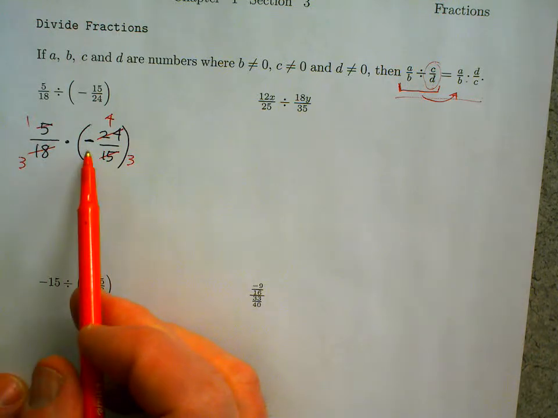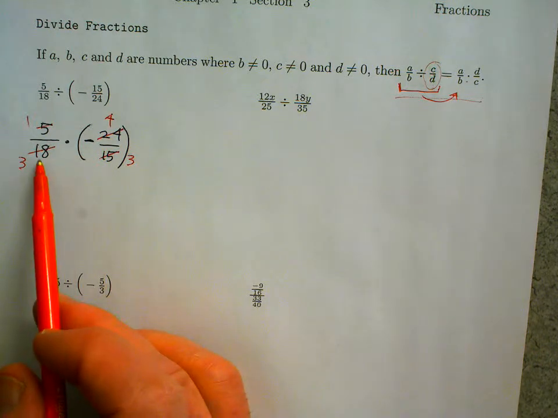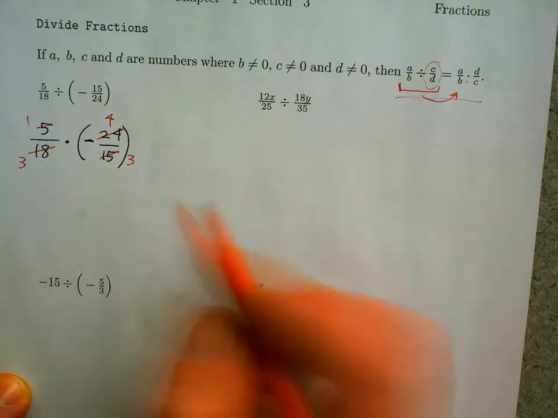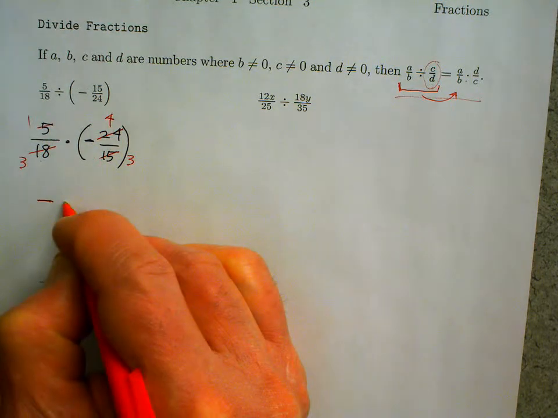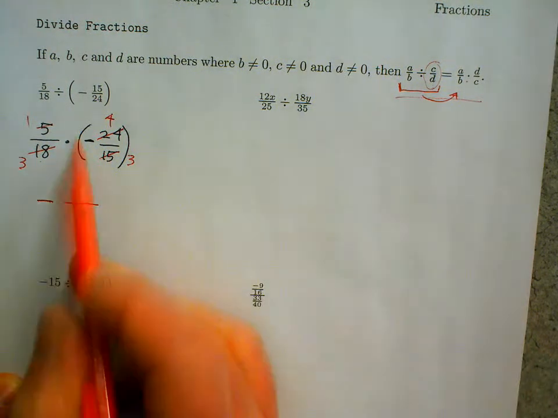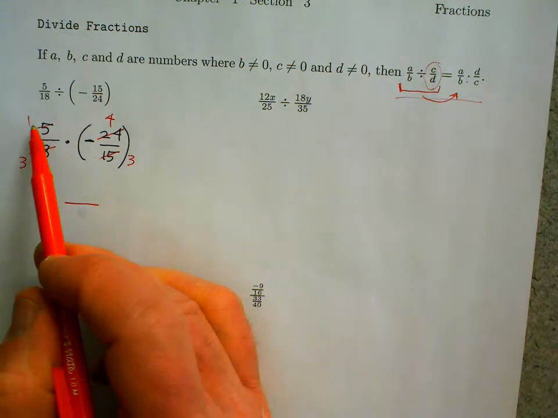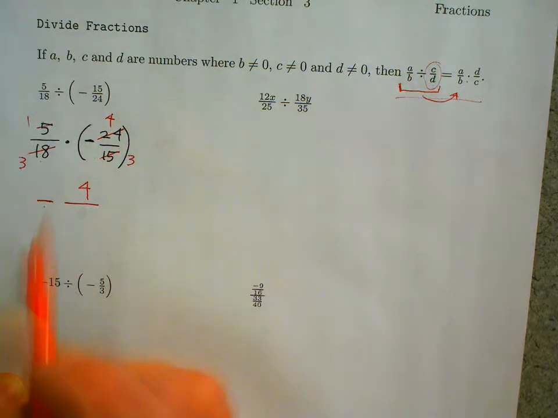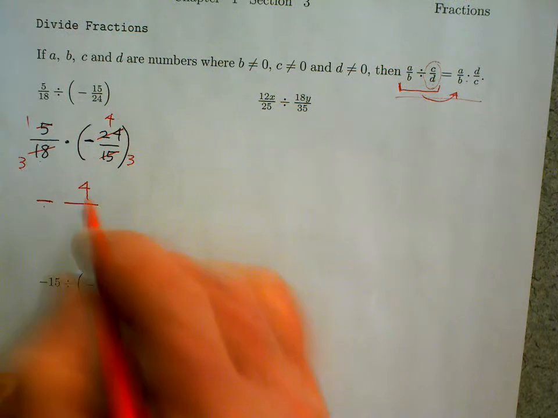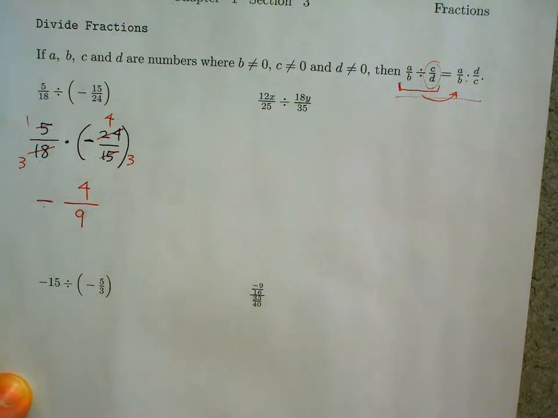Okay, and then don't forget that a positive number times a negative number is a negative number. So this will simplify to negative. In the numerator, 1 times 4 is 4. And in the denominator, 3 times 3 is 9. So negative 4/9 is the result.